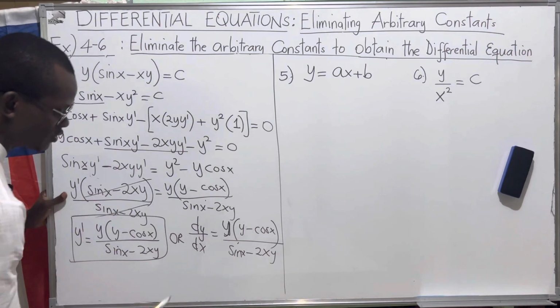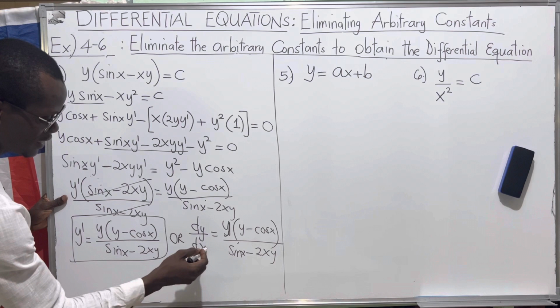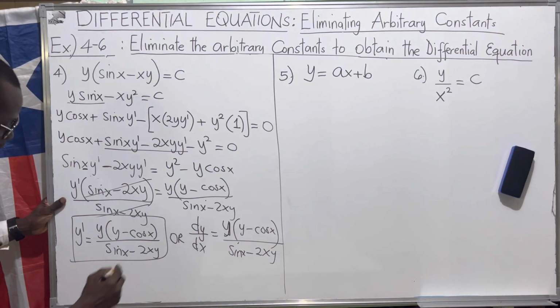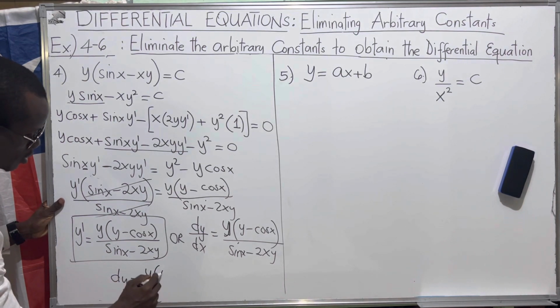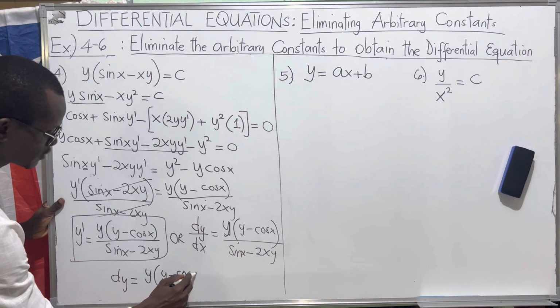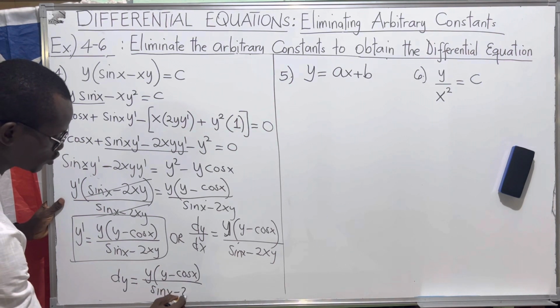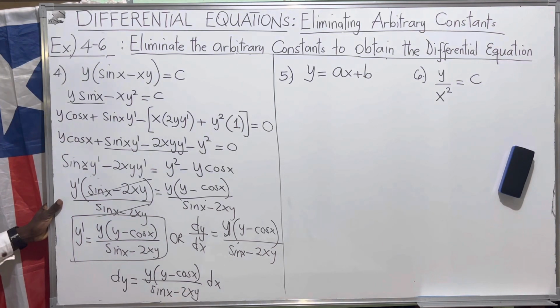You can also decide to multiply, to get rid of this dy, let's say dx, you can multiply this entire expression by dx. So if you do that, you have dy now equal to y times (y minus cos of x) all over sine of x, minus 2xy, times dx.